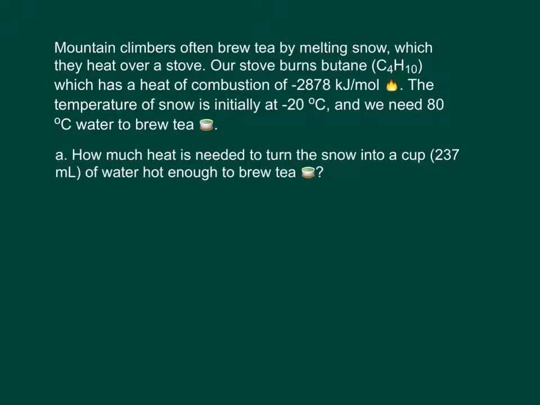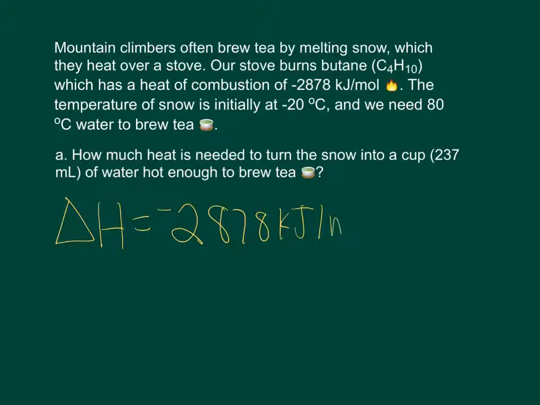To begin the problem, it is important we write down the information given to us and also what we are trying to find. They tell us butane's heat of combustion is negative 2,878 kilojoules per mole. They also tell us the initial temperature of the snow, Ti, is negative 20 degrees Celsius.